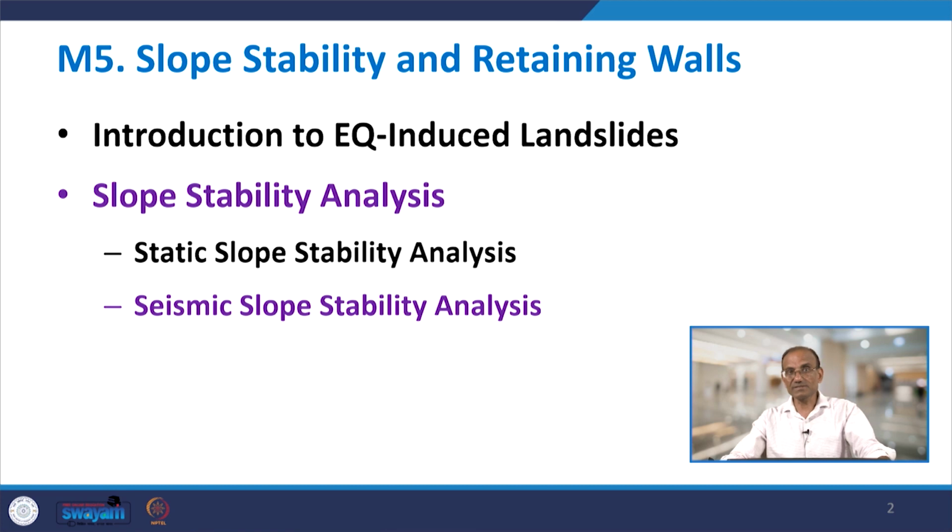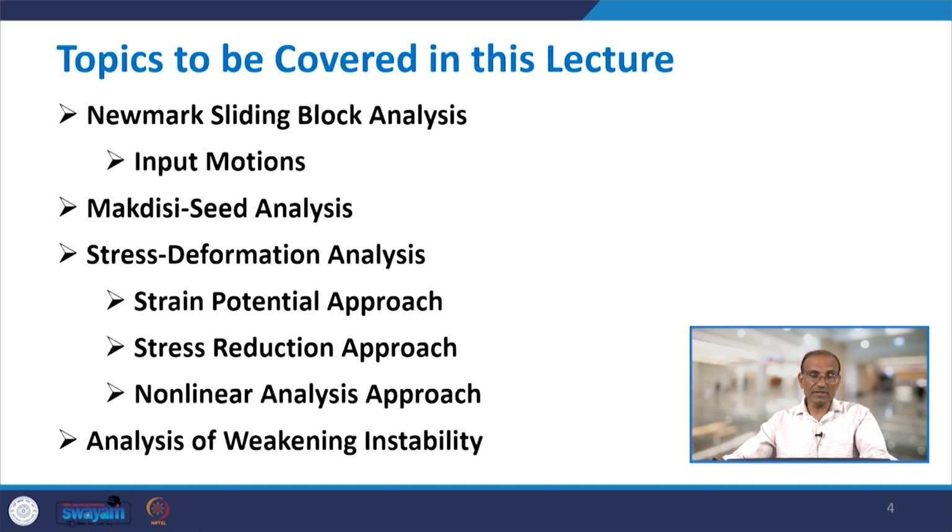In this module 5, we already discussed static slope stability analysis, and seismic slope stability analysis is pretty much over. What we are going to discuss in this lecture, partly covered in the last lecture, is Newmark sliding block analysis, one part related to input motion.